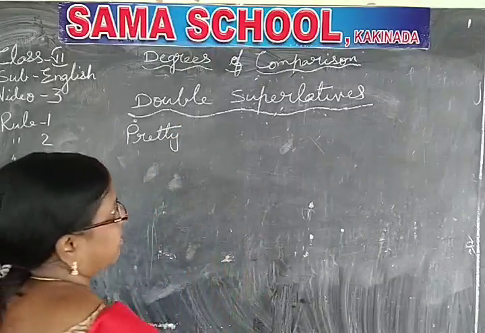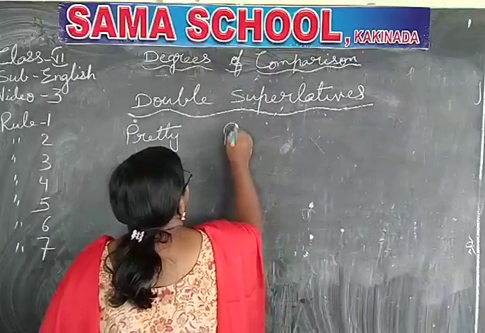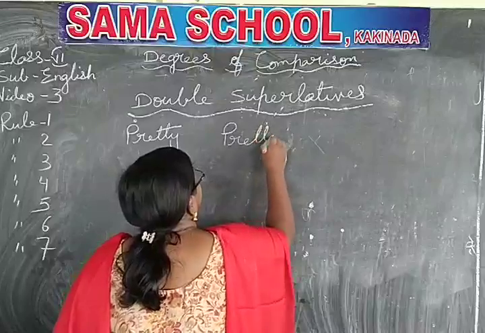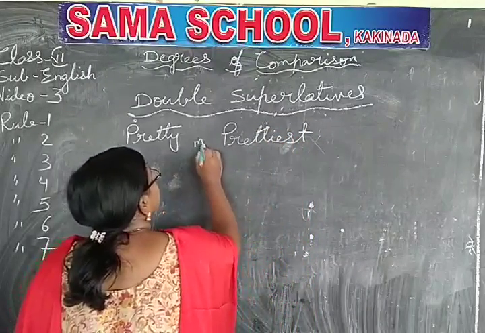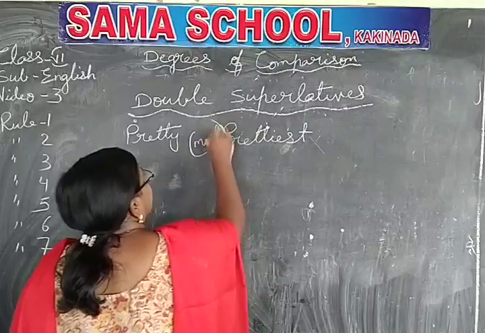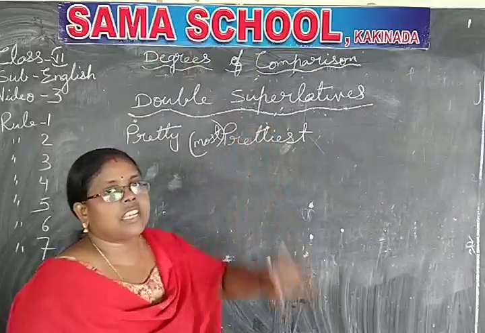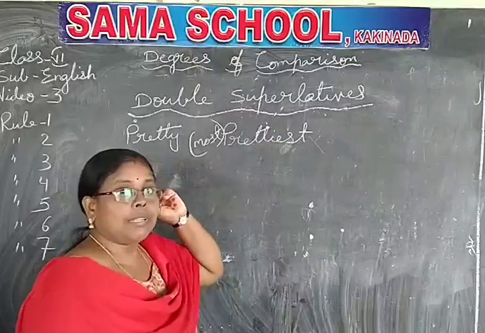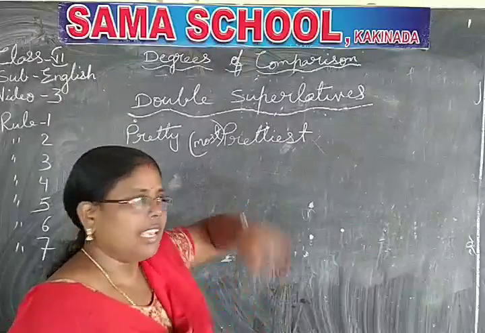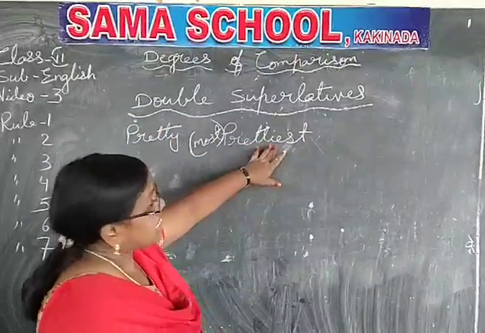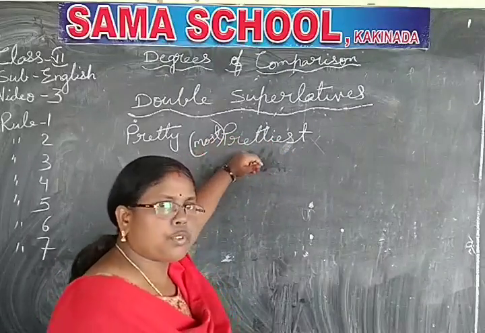Prettier, prettiest. We are talking about superlatives now. So, prettiest. Can you write most prettiest? Because it is superlative, no? No, double superlatives are not allowed. Like double comparatives, double superlatives also are not allowed. Prettiest itself is superlative degree. Then why do you need to use most?